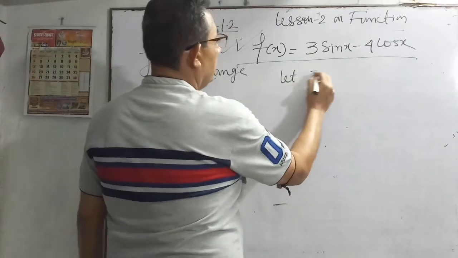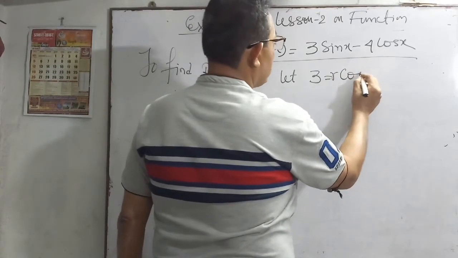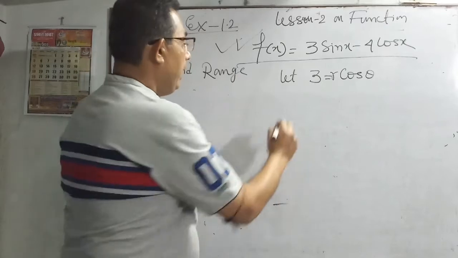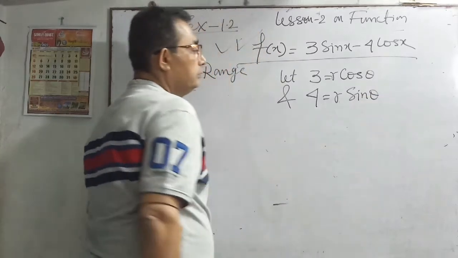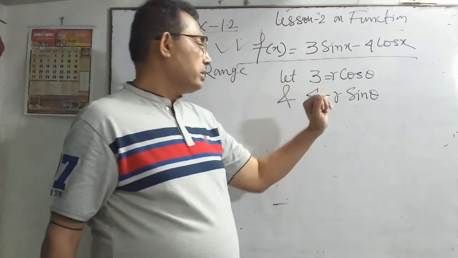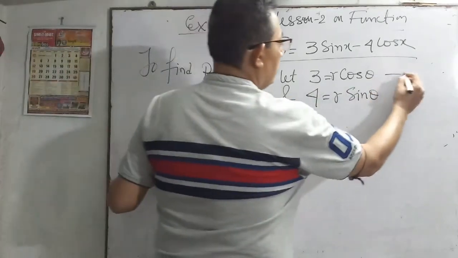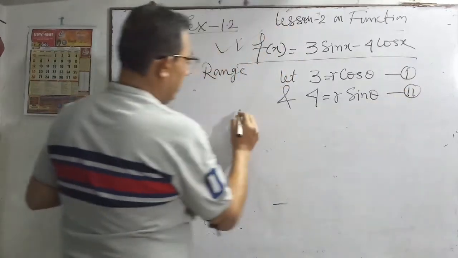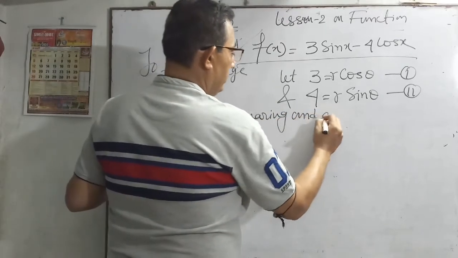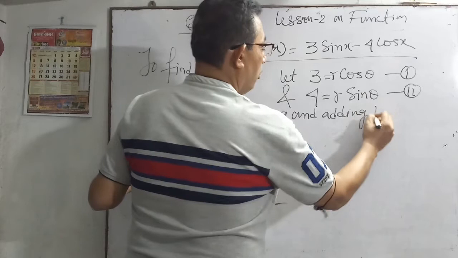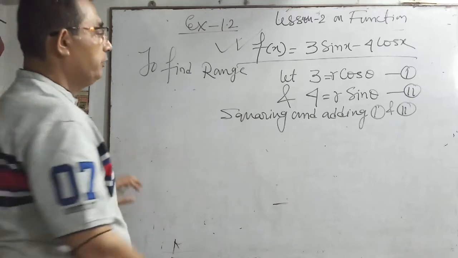Now, let 3 equal r cos theta and 4 equal r sin theta. Squaring and adding 1 and 2.